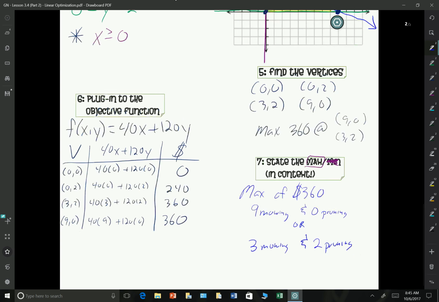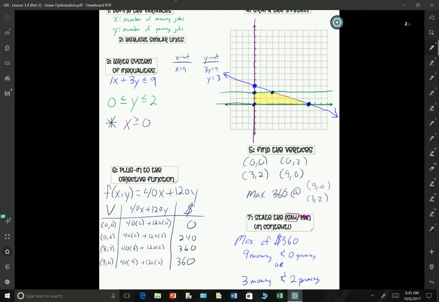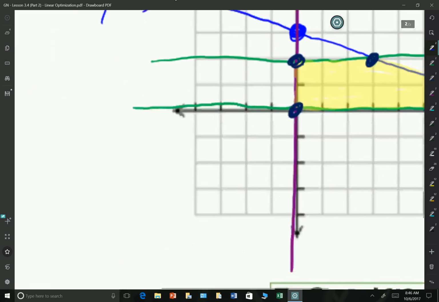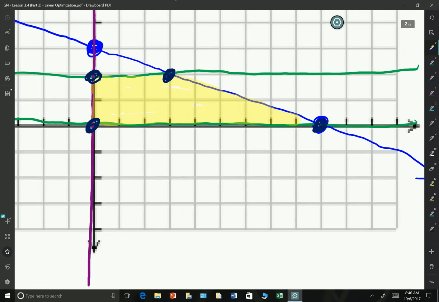Now, what does this mean? This is the really cool thing that we need to realize. Linear programming goes beyond just the idea of maximum income, maximum profit, stuff like that. Even with computers, when you deal with network flow, they want to maximize the number of computers that can access a network without slowing things down. And that's a linear programming model. It's not the same thing as a graph. It's a different type of graph that we use. But if I was the landscaping company, now look, these 2 points gave me my maximum, correct?